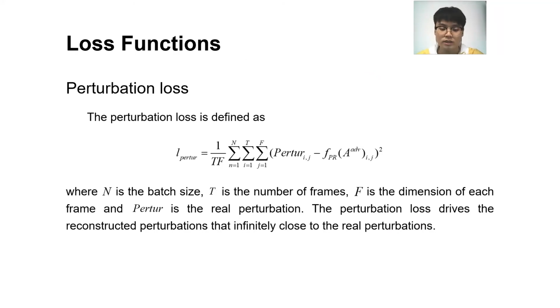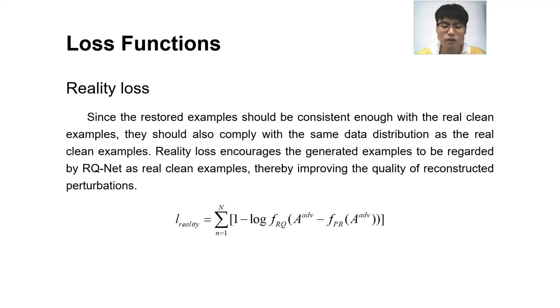To make ASNet perfectly separate perturbations, three novel loss functions are introduced. The perturbation loss drives the reconstructed perturbations to be close to the real perturbations. The reality loss encourages the generated examples to be regarded by the RQNet as real clean examples, thereby improving the quality of reconstructed perturbations.